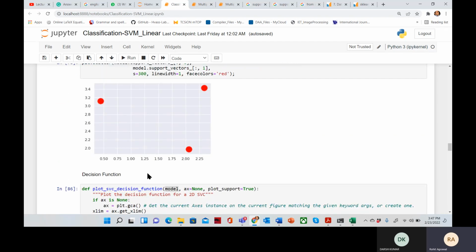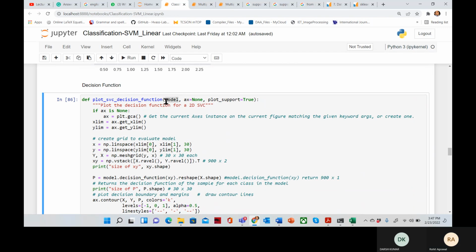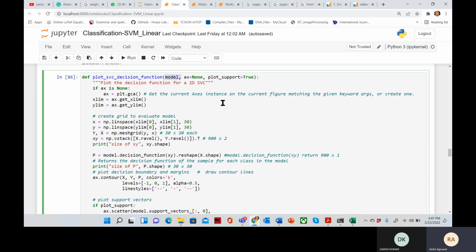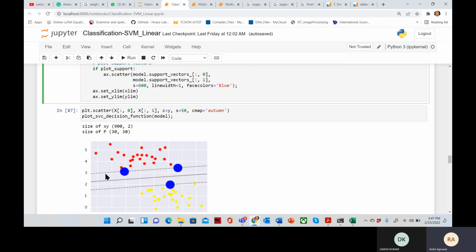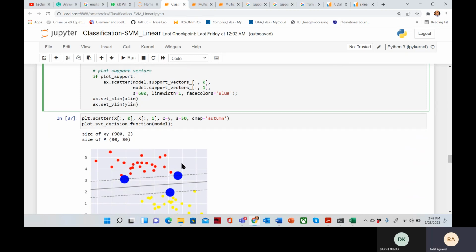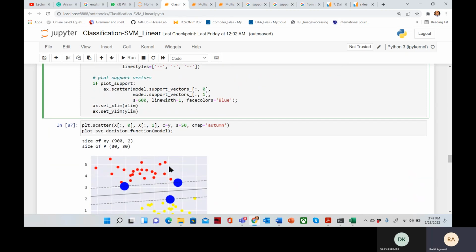We are passing this model. This one is clear? Yes, sir. We are passing this model and we will use the things available in this model to plot the decision boundary, that means these three lines. We will plot these three lines. The support vectors will lie on this decision boundary.